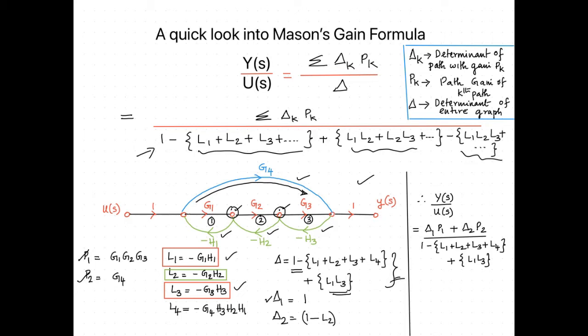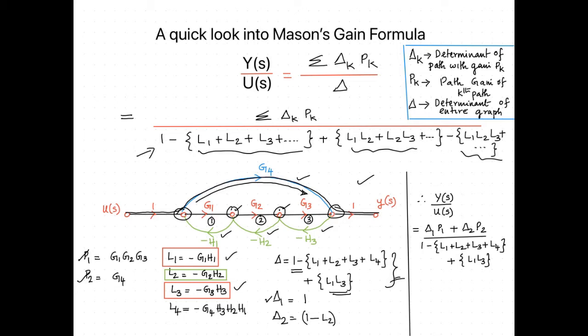Now coming to delta 2. In order to identify delta 2, we need to remove path P2. When the path P2 is removed, these nodes are also removed, which means loops L1 and L3 are removed along with L4. But the loop L2 remains intact.